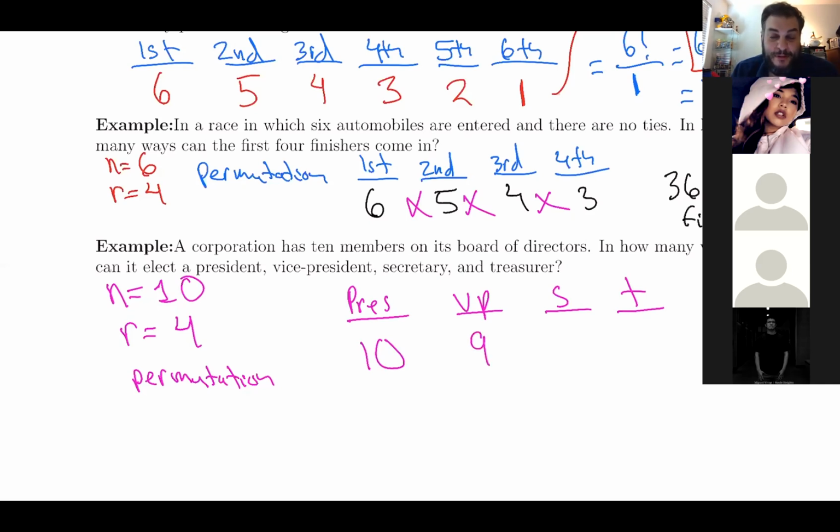Once we choose our president and VP, we only have 8 people to choose for secretary. And lastly, 7 people for treasurer. So you multiply all of these out. Let me see, what do I get? You get 10 times 9 times 8 times 7, and you get 5,040.